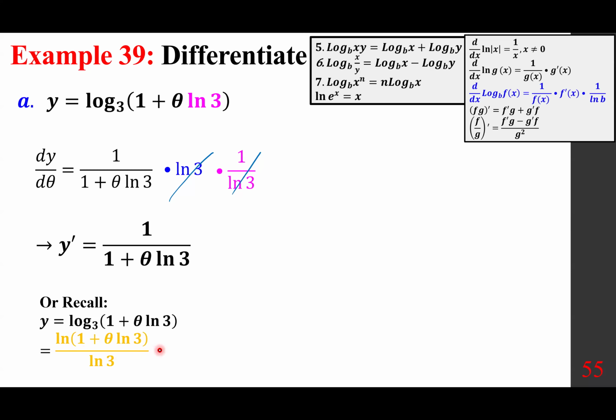This is by the change of base formula. So you can change the base to e, so this becomes ln divided by ln 3. This is using the change of base formula, everybody.